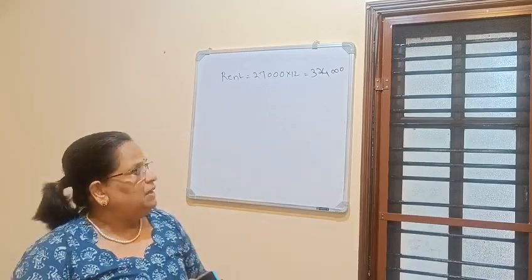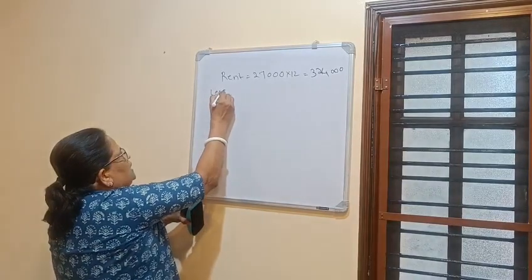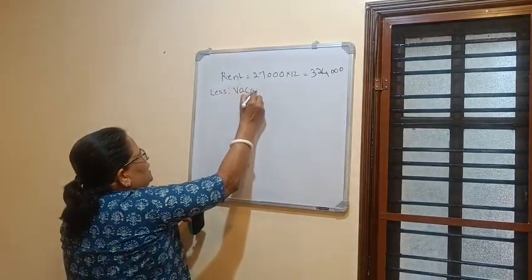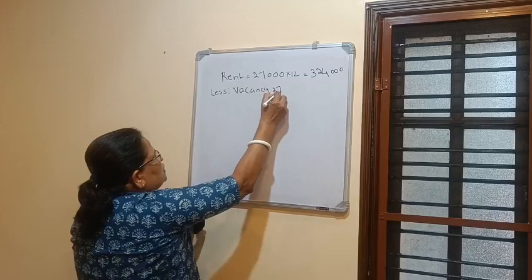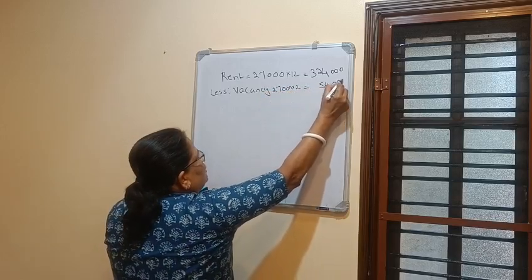So rent receivable is 3,24,000. 2 months it was vacant, so less vacancy allowance, 27,000 into 2, that is equal to 54,000.